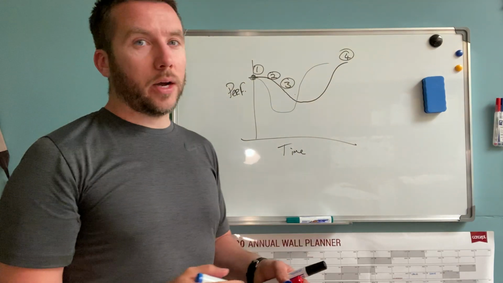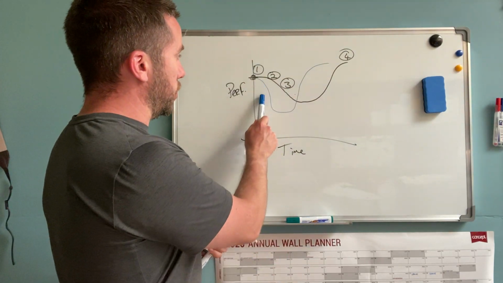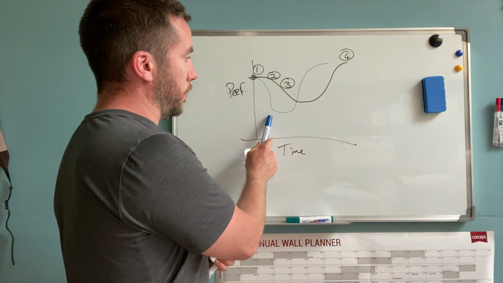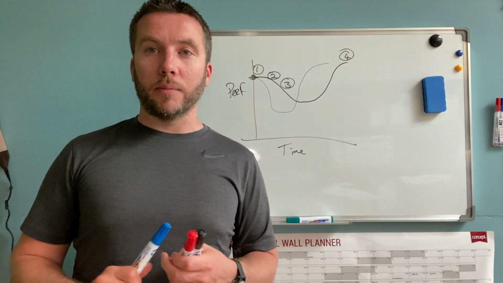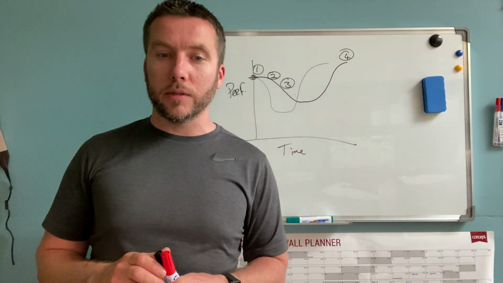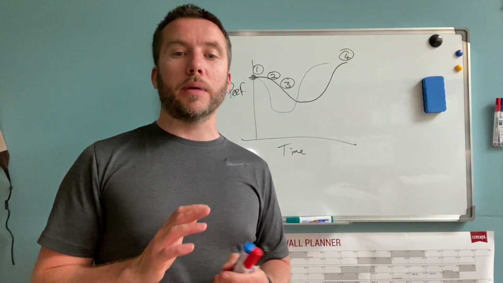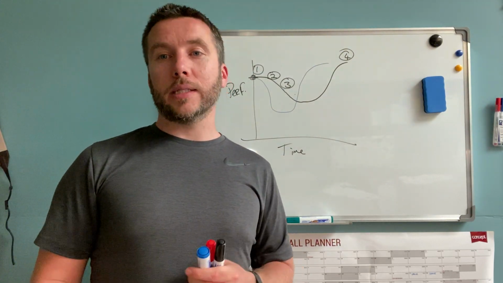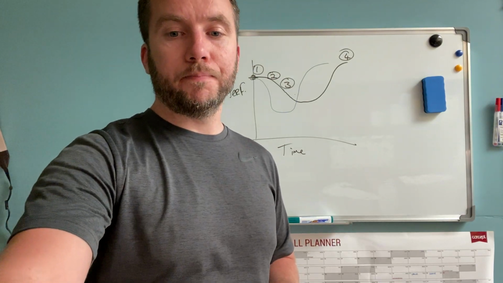You might recover a lot quicker, but you've got to be able to manage it. If we put too high a stress into that strength piece, we might end up pushing that other energy system way too far out and the recovery to be too far out. So we have to look at those damage markers and make sure that we understand what our baseline is and what we want to achieve with our training.